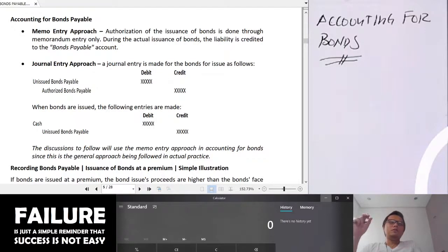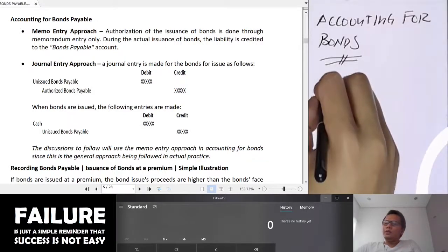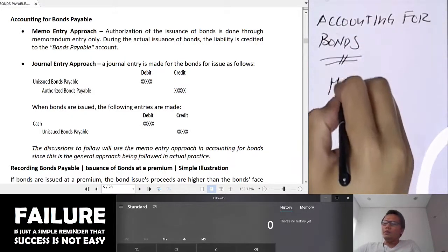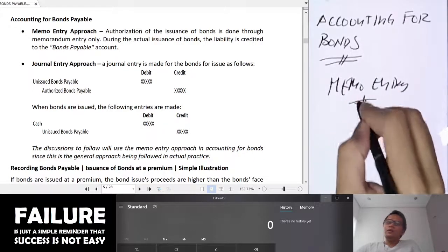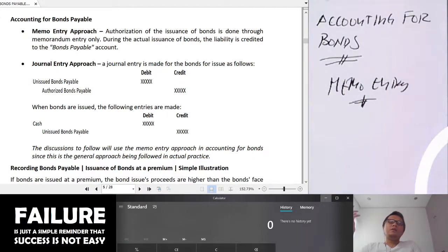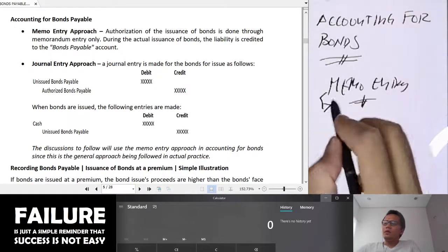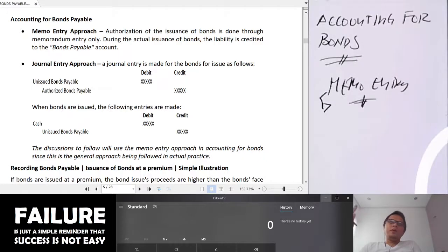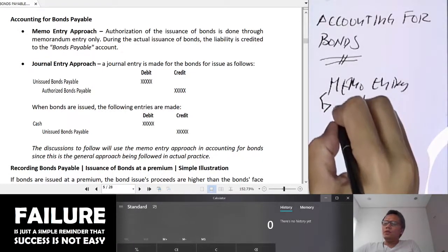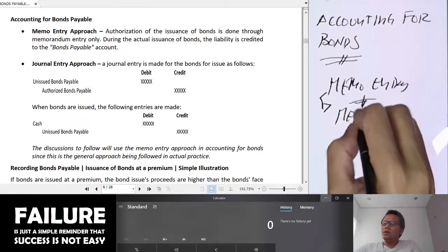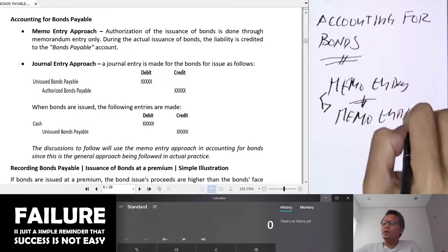Under the memo entry approach, when we are given the authorization to issue bonds, per accounting recognition we should just make a memo entry.